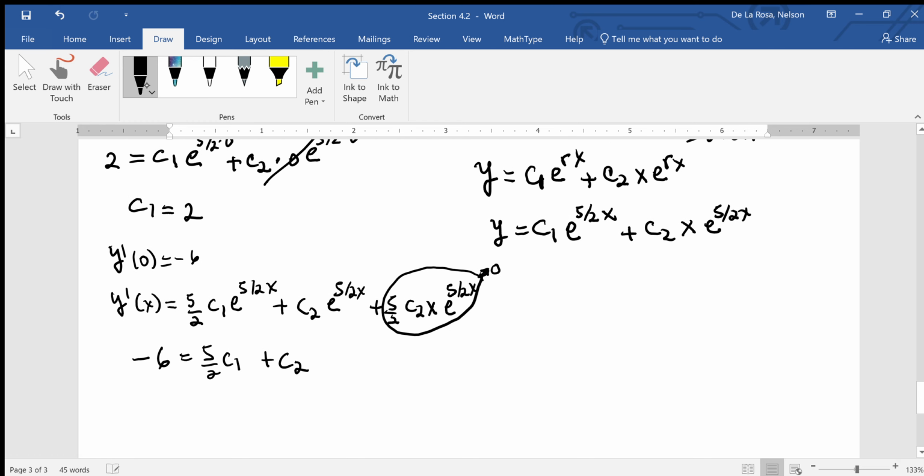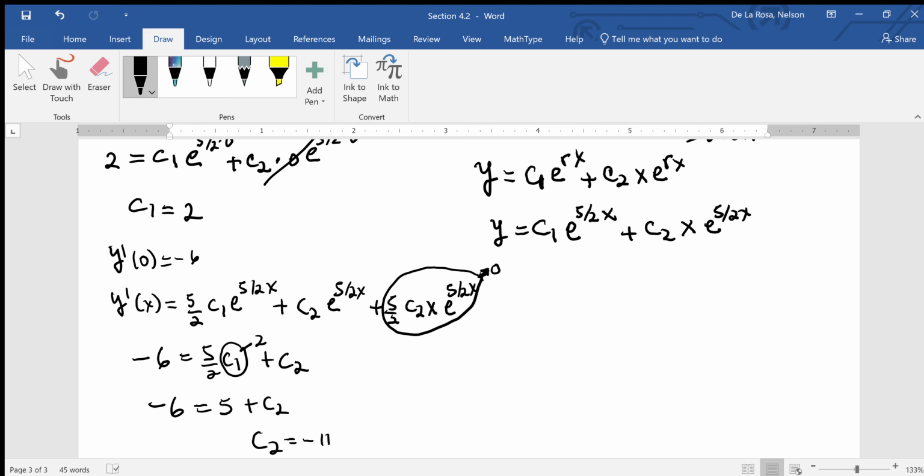We found that C1 is 2, so when we replace it by 2, the 2 and 2 are going to cancel. We're going to have just simply 5. So C2 is equal to -11.